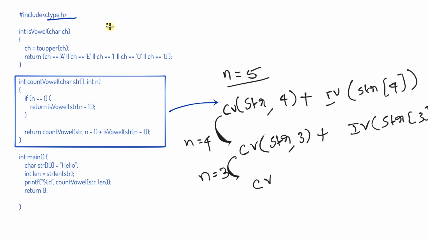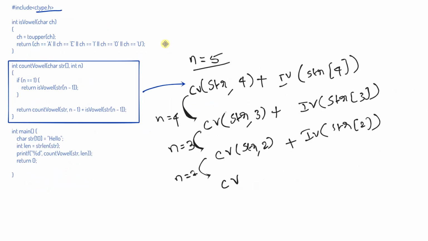When we are calling it again, n is not equal to 1. So count vowel of str comma 2 plus is vowel of str of 2. Again recursively calling. So now n is equal to 2. We'll be checking count vowel of str comma 1 plus is vowel of str of 1.